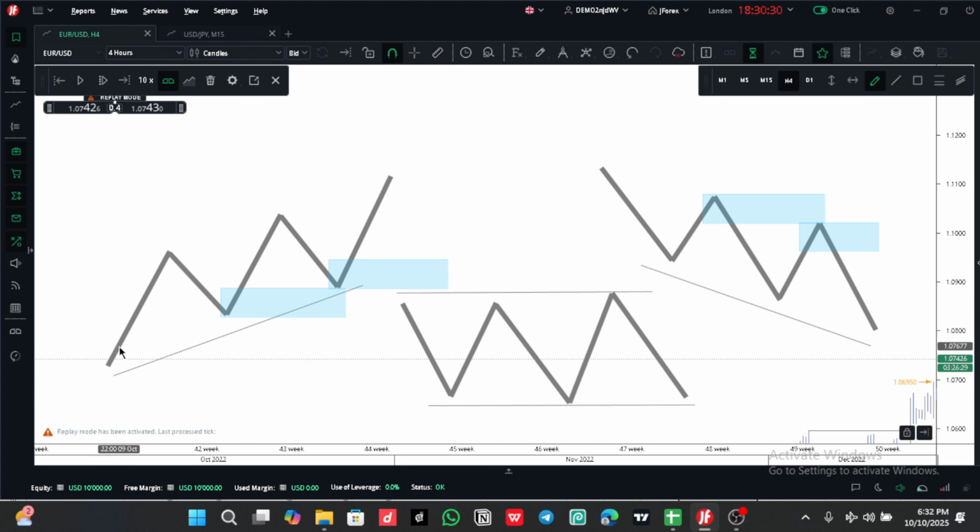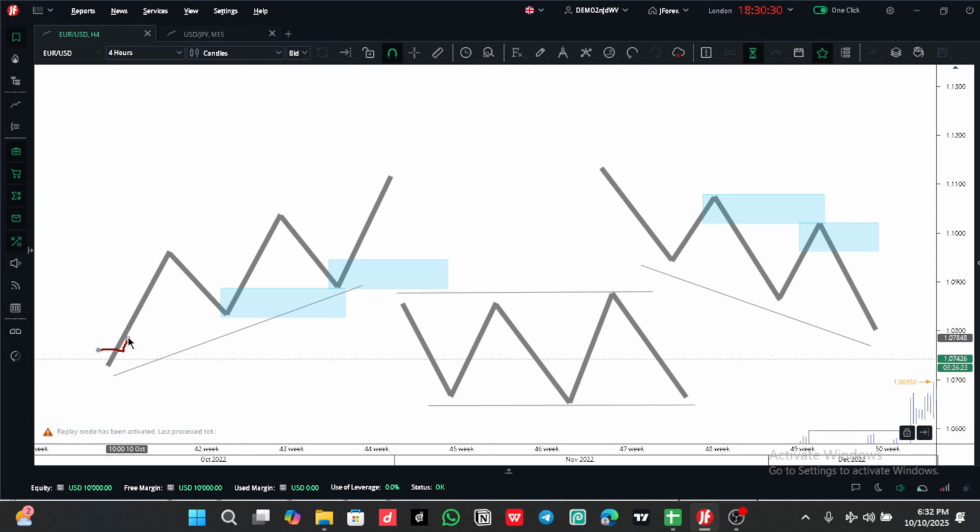Now on a lower time frame like the 1 hour, 15 minutes or 30 minutes, you could see a tiny bit of structure showing how the market was pulling up, and the moment the market starts to pull back down, just like in these 4 hours, on that lower time frame you will see when the market gives us a change of character, a clear structure that gives us a change of character, and the market will just keep pushing down.